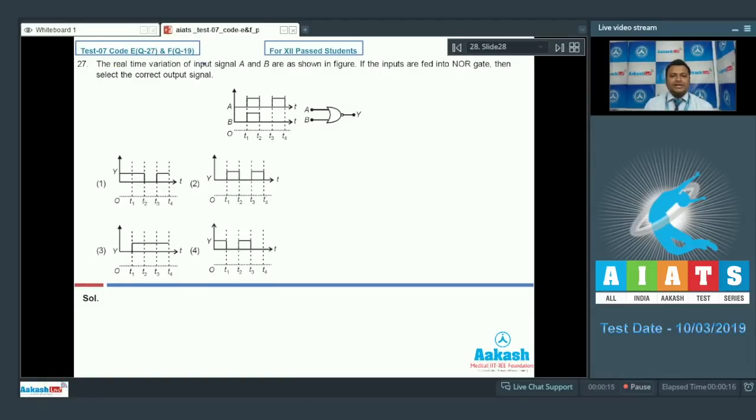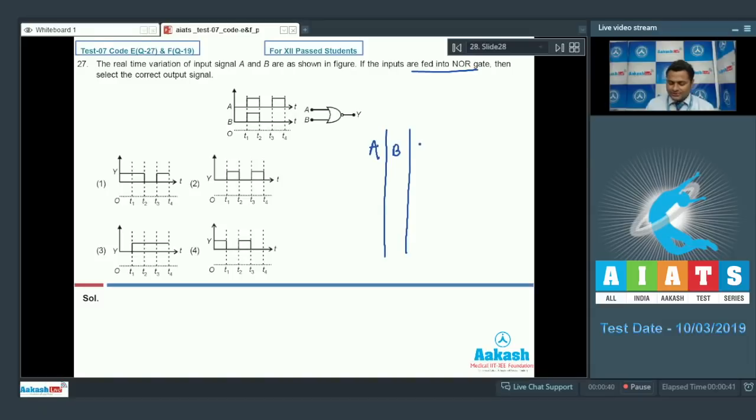The real-time variation of input signals A and B are shown in figure. If the inputs are fed into NOR gate, then select the correct output signal. We can solve such kind of questions with the help of truth table. Two inputs are there, A and B. Output is in the form of NOR gate.